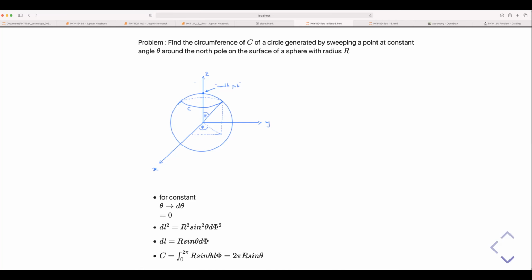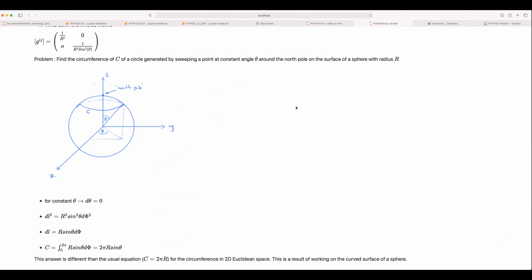However, there is something that you have to take from this example. If you look at the last answer for the circumference, the usual answer you normally get in a Euclidean space is just 2 pi r, right? So that's the circumference of a circle.